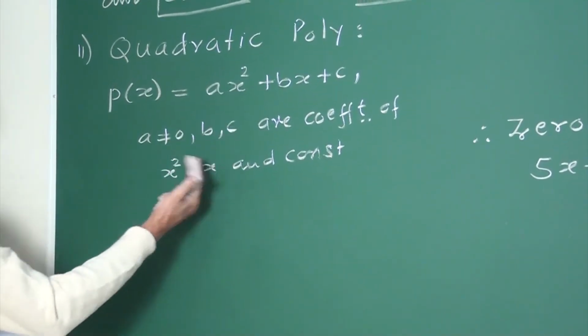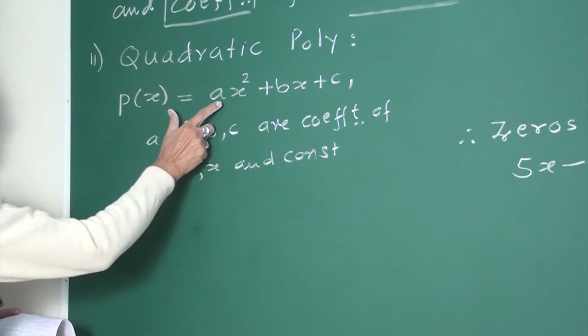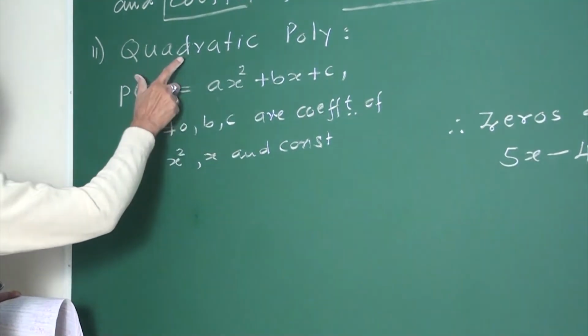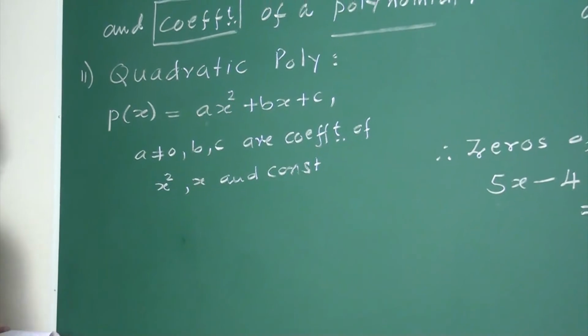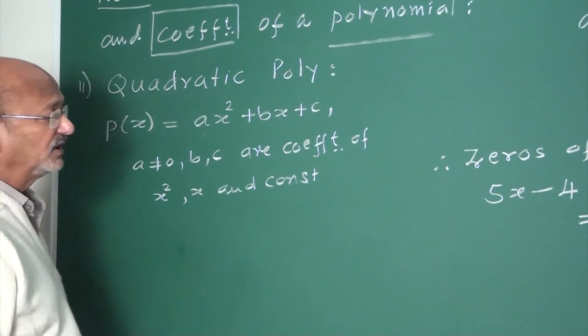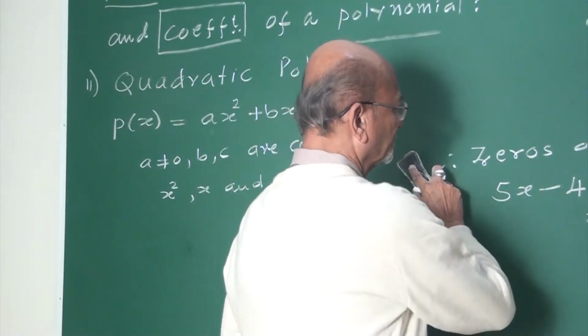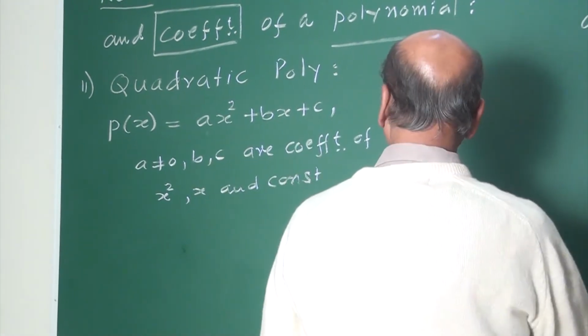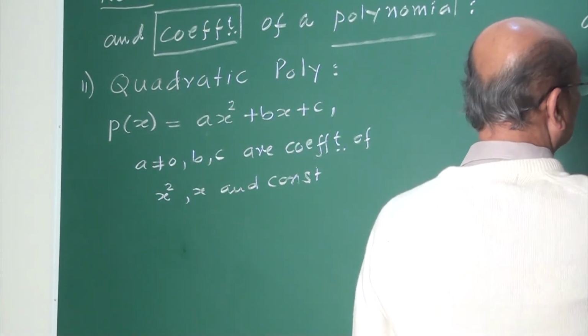This is the general form, but in general we can't factorize. So in such a case of quadratic, we consider one particular case, because with the general it goes difficult in finding zeros.